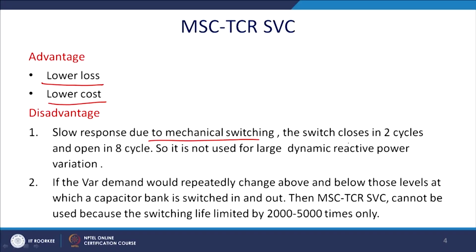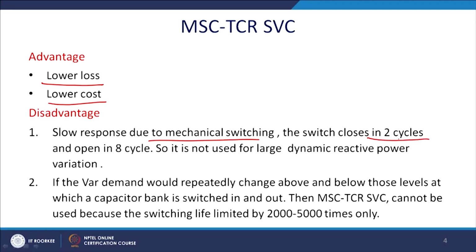So, the advantages are low loss and low cost, and the disadvantages are definitely more, because it was used in practice before the FACTS devices. There is slow response due to the mechanical switching; the switching closes in around 2 cycles.